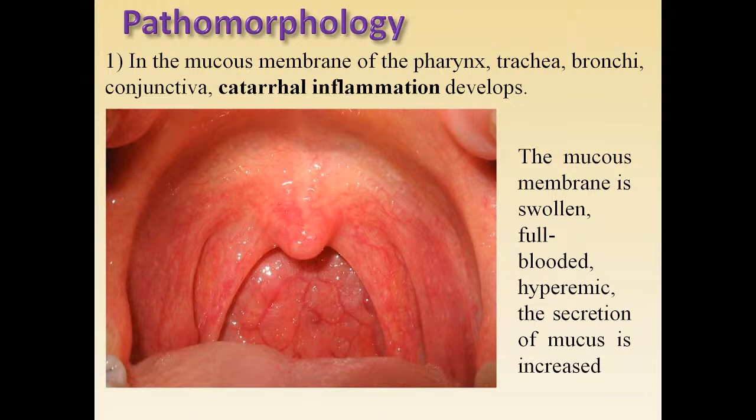Signs of catarrhal inflammation: the mucous membrane is swollen, full-blooded, hyperemic, and the secretion of mucus is increased. This is the macroscopic picture of catarrhal inflammation of the pharynx.